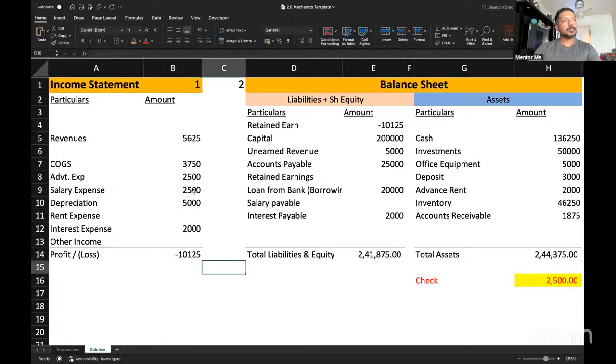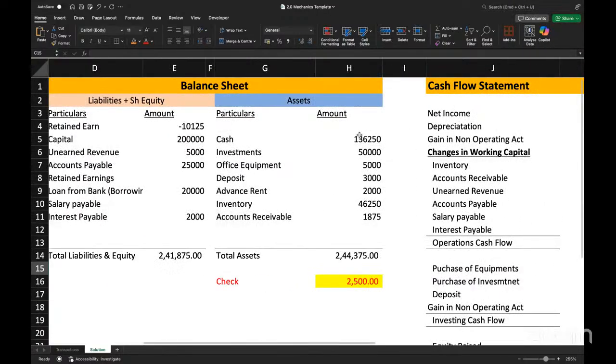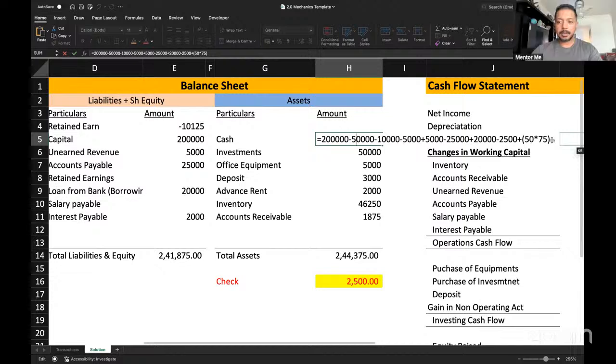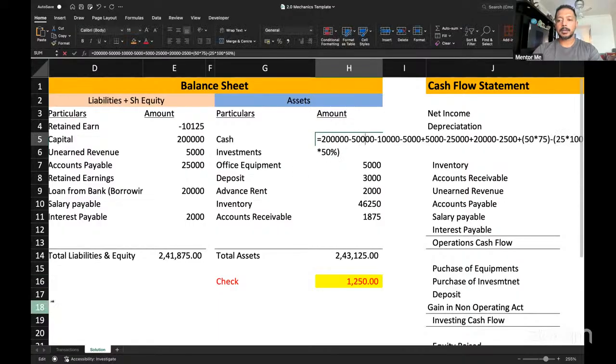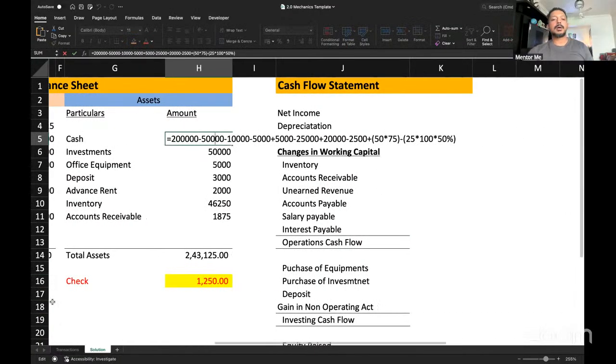Okay, so expense has been recognized. Now 50% of it I've paid in cash, so cash will go down. So first I'll reduce the cash, which is 25 into 100 into 50%. So that much has gone down by cash. Remaining I'm going to pay later, which is salary payable.